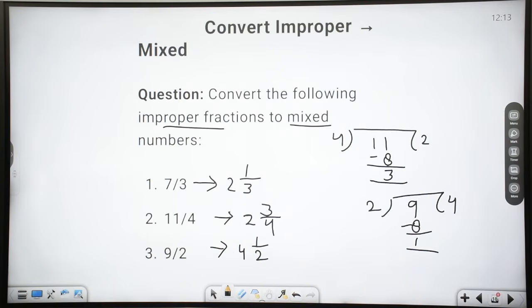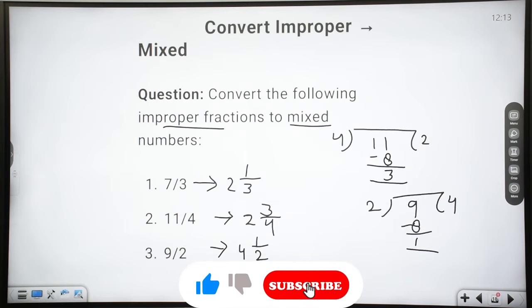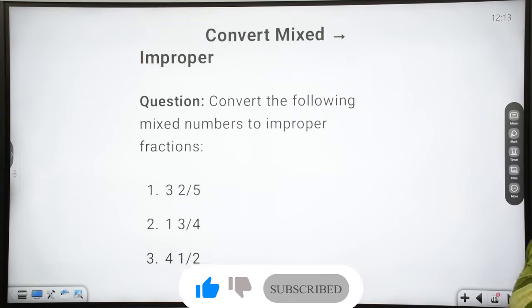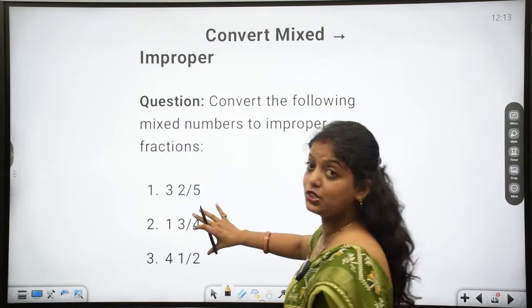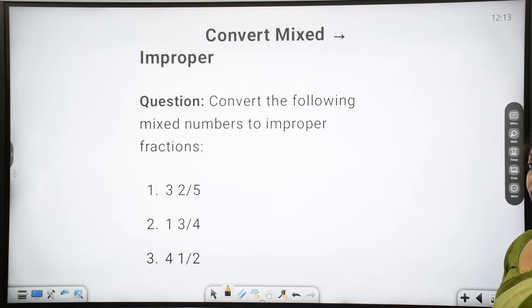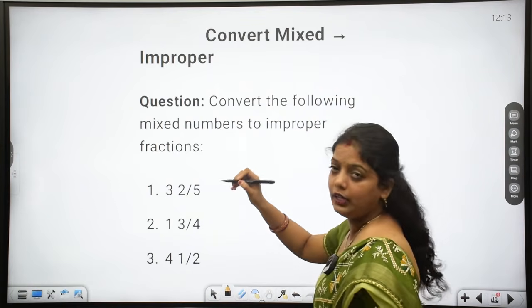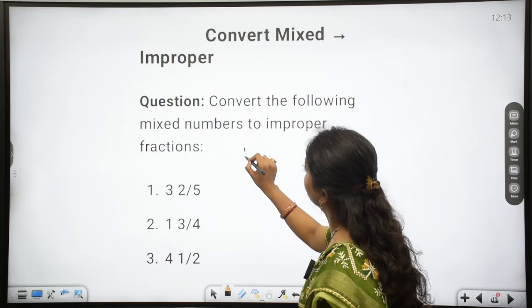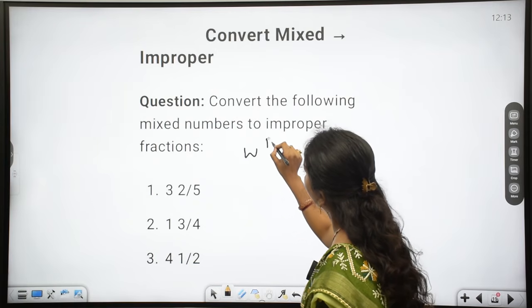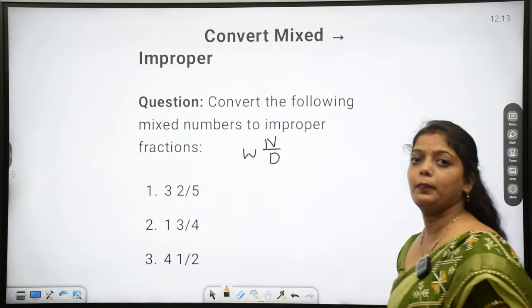Now we are going to move on to the next pattern, which is just opposite to this. Now we have to learn how we will convert a mixed fraction into an improper fraction. Here what we have to do, you can see a mixed number is a combination of a whole and a fraction, that means numerator and denominator.